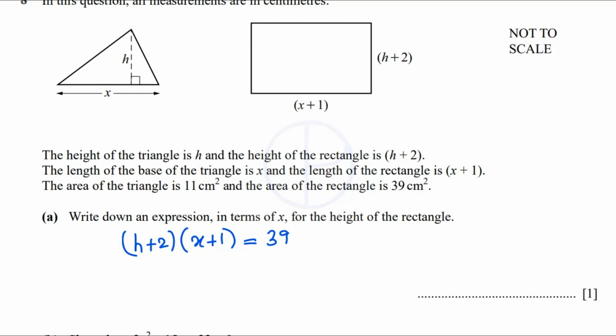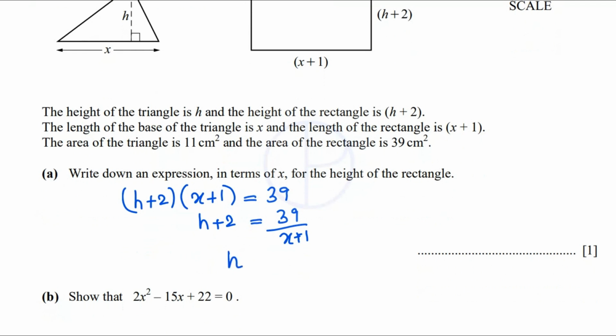So now we need to write h in terms of x. So what is h plus 2? This is equal to 39 divided by x plus 1. And subtract 2 on both the sides, which gives h is equal to 39 divided by x plus 1 minus 2. So the height of the triangle is h is equal to 39 divided by x plus 1 minus 2.